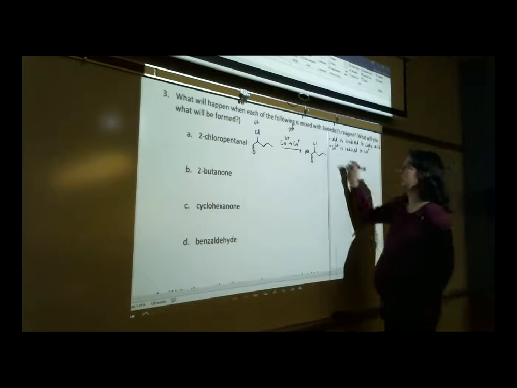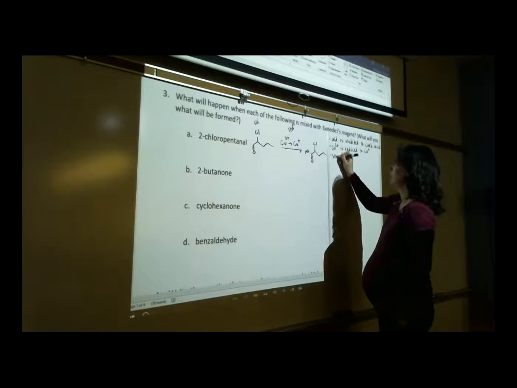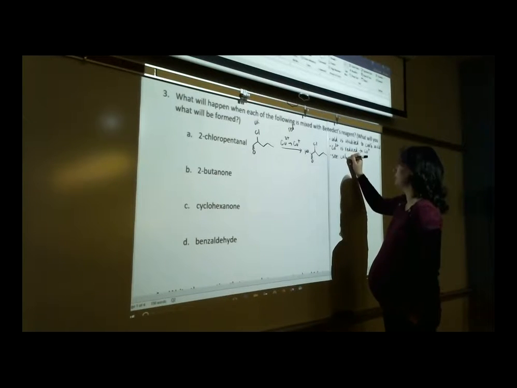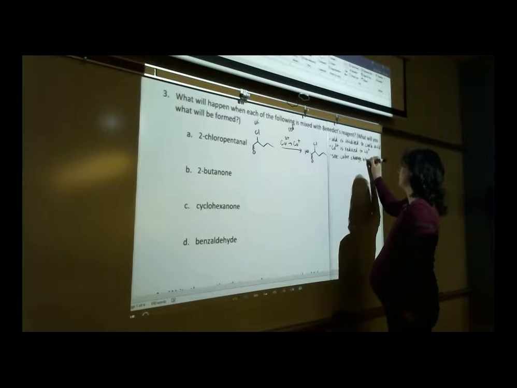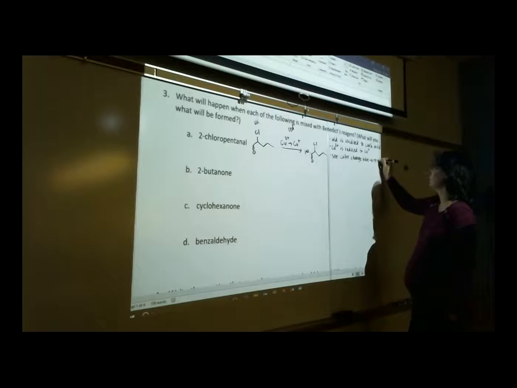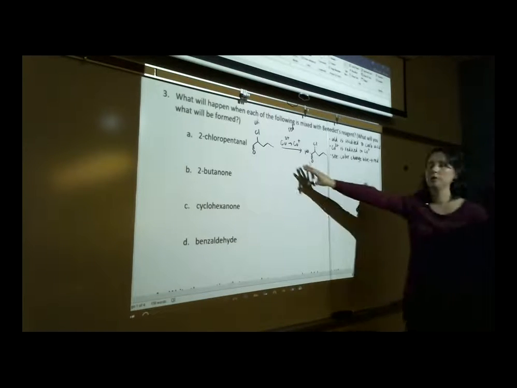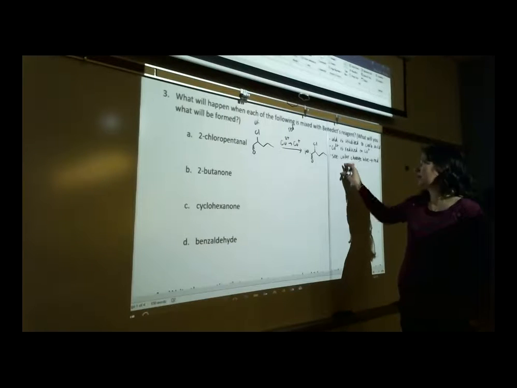And then what will you see? What would you physically see? The color change. Color change from what? Blue to red. Right. You would physically observe a color change. This is the chemistry of what happens, right? This is what you would see.